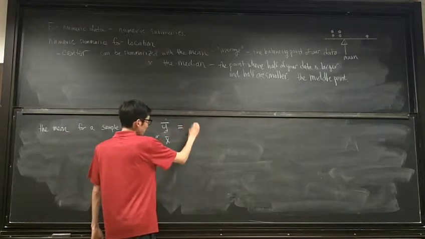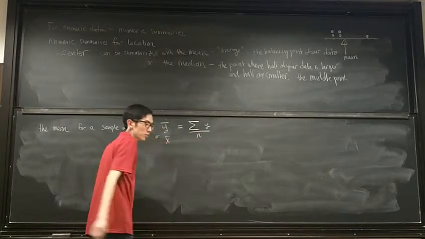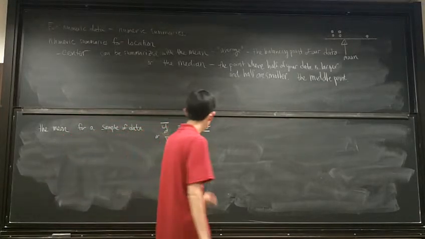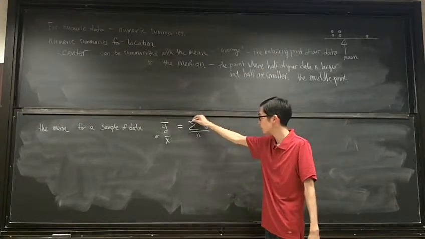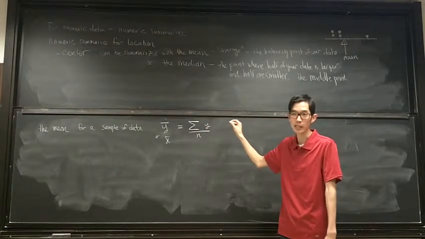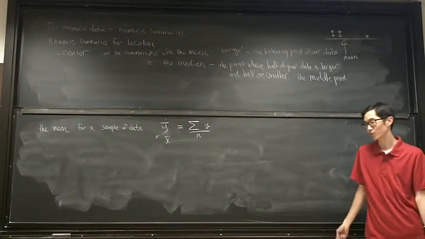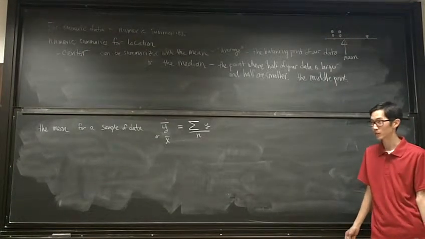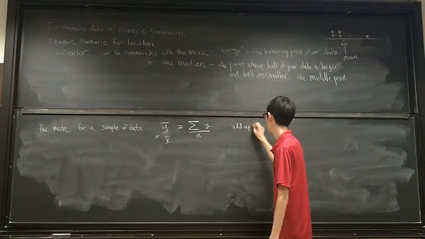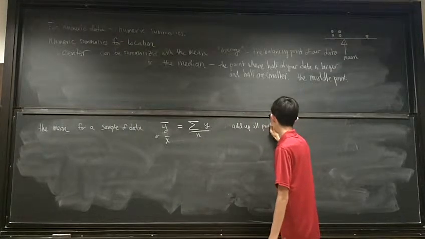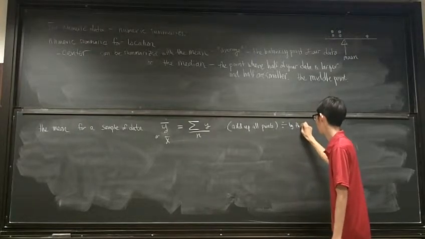The way we calculate it is we add up all of our data points and divide by how many data points we have. That's what this formula says. This symbol, which looks like an E or a sideways M, is actually the Greek letter sigma, the Greek version of S for sum. So you add up all points, and then divide by the number of points.